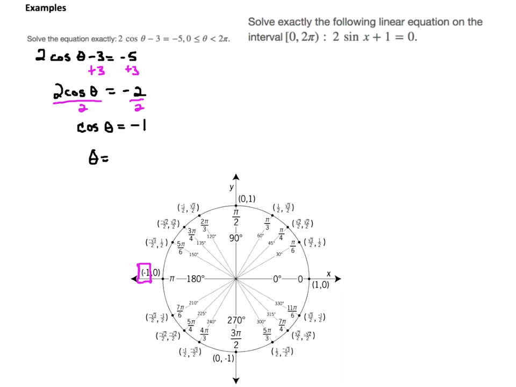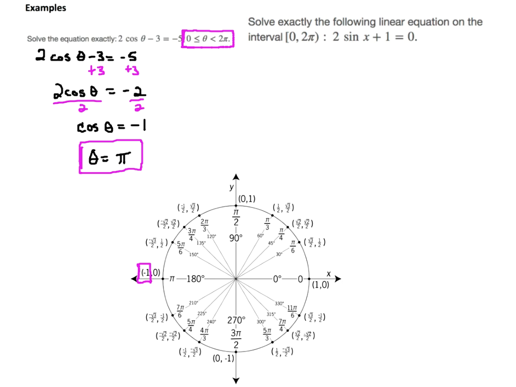So theta has to equal pi. Notice I'm not going to put plus or minus 2 pi k because I've been given the restriction that theta lives between 0 and 2 pi. That's the only place on my unit circle where the x-coordinate shows up as negative 1, so that's my only solution. Theta is equal to pi.